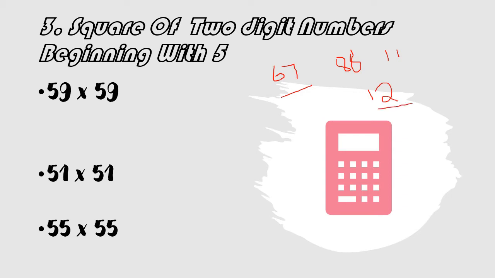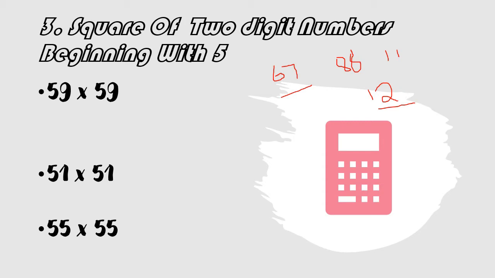I am saying square of two digit numbers, and this rule applies only for two digit numbers, not three digit numbers. So do not confuse and do not worry, we'll even discuss three digit numbers in later videos.